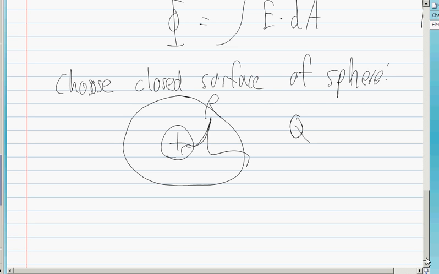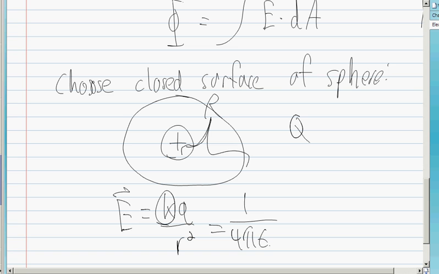Well, we know the field from any charge is going to be kq over r squared. This is where we're going to start to not use k anymore. We're going to use 1 over 4 pi epsilon naught, capital Q over r squared.